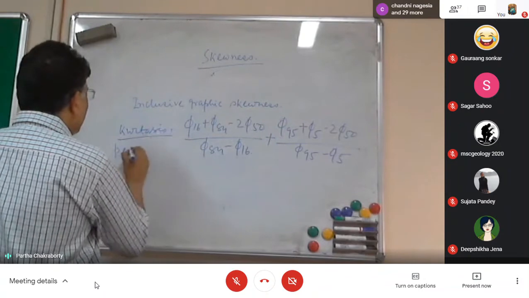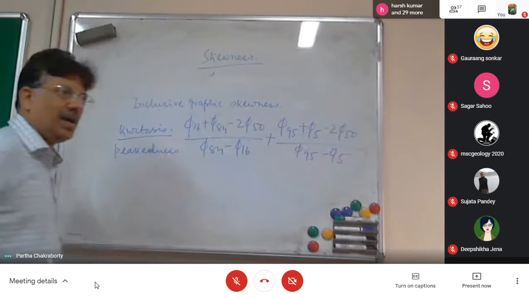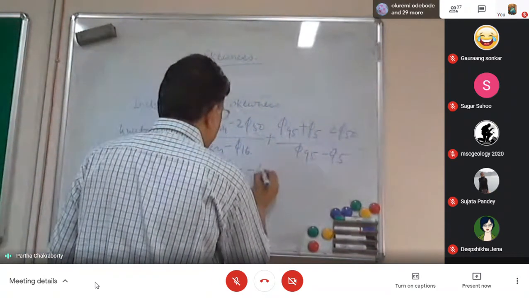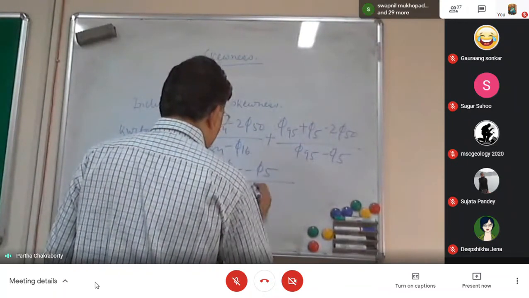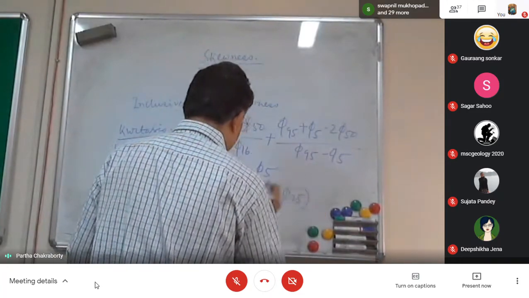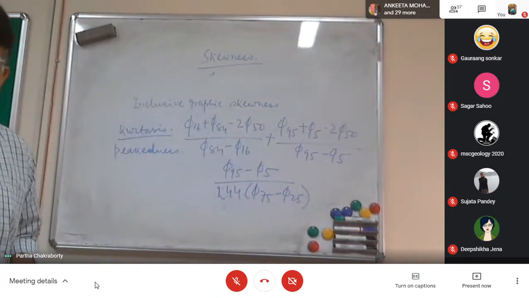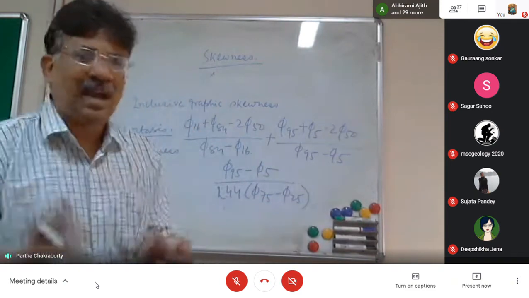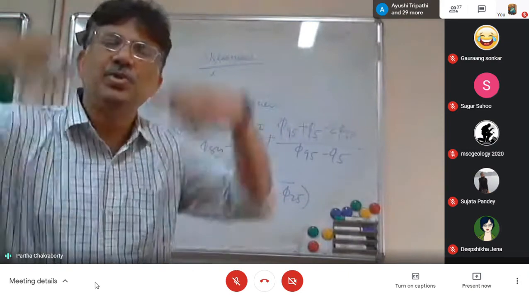They say phi 95 minus phi 5 by 2.44 times phi 75 minus phi 25. This is the equation. That means how the central part of the curve, that is 75-25, is represented with respect to the extreme of the curve.